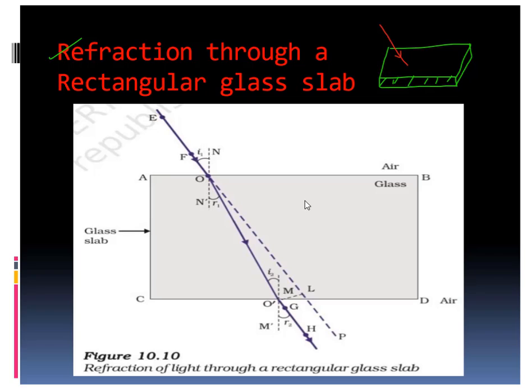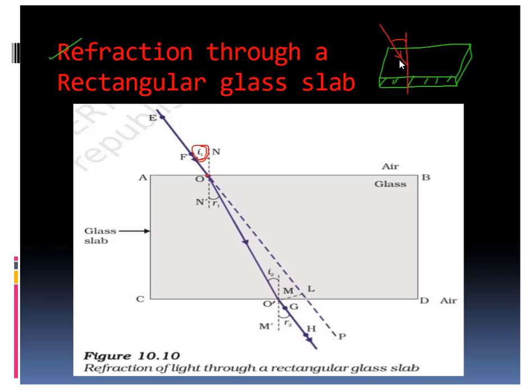This is the glass medium, this is air, this is glass, both are different mediums. Suppose this is the point of incidence. If you draw a perpendicular here, this becomes the normal. Now this becomes the angle of incidence, that is i or i1.